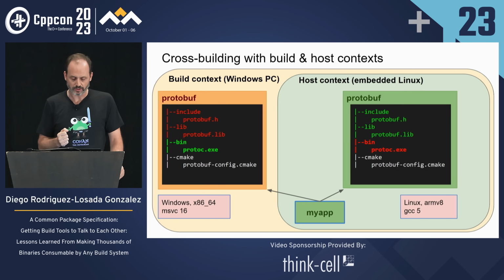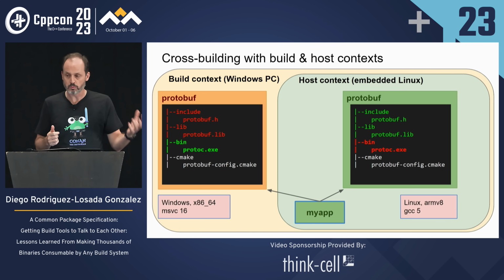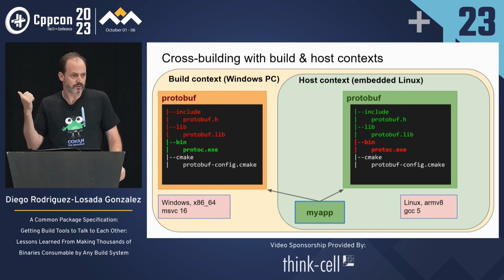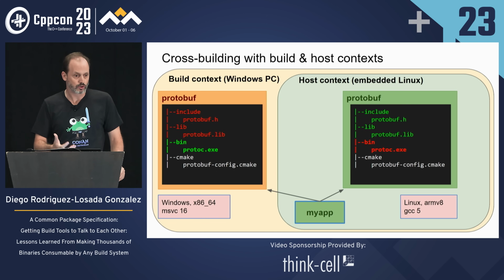But if for some reason I try to use the proto-C executable that is inside that package, it will fail because I'm cross-building from Windows to Linux. I'm running my build on a Windows machine. So obviously, if I try to execute the proto-C executable from the Linux package, it's going to fail.